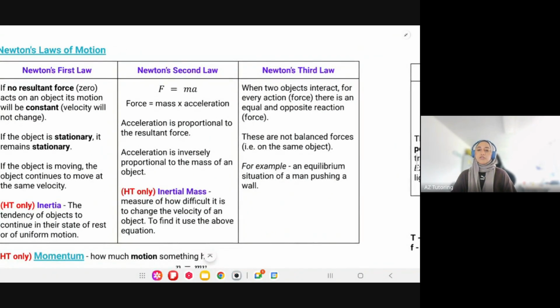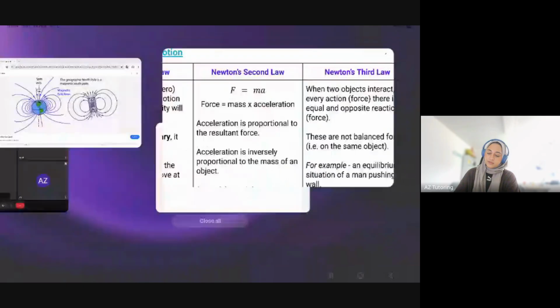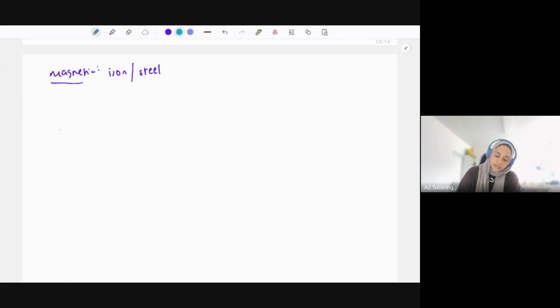Okay, the second law is just the equation. Force equals mass times acceleration. You're given this. Now, mass can't really change. If you've got mass of something, it's going to stay the same unless you chip away at it. So another way you might see this is force is directly proportional to acceleration.